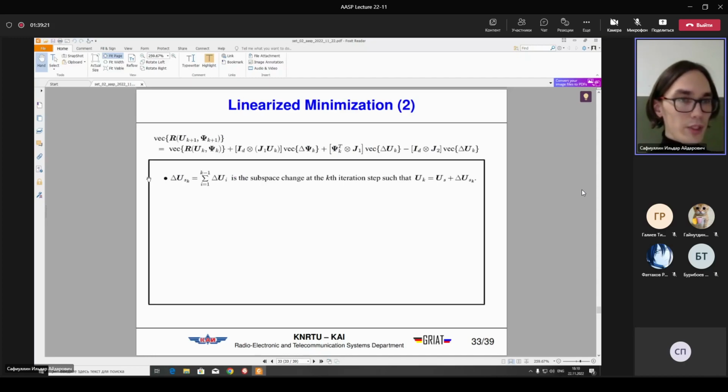First, this delta U sub S sub k is the subspace change at the kth iteration step. And you can see that we have U sub k equal to U sub S plus this delta U sub S sub k.